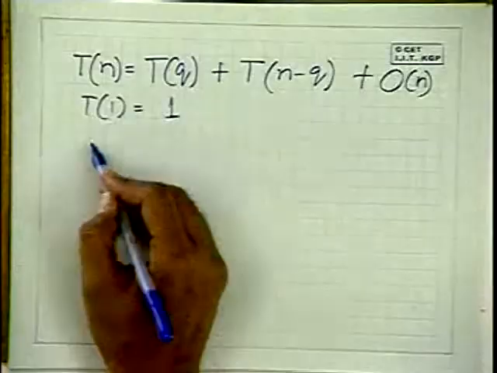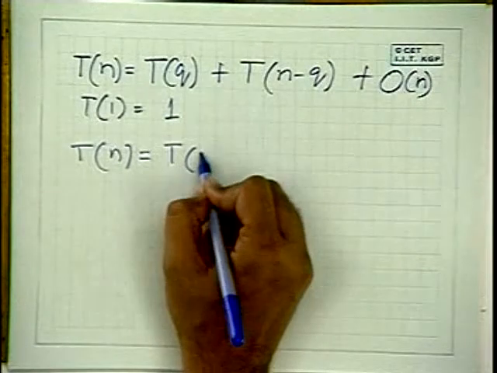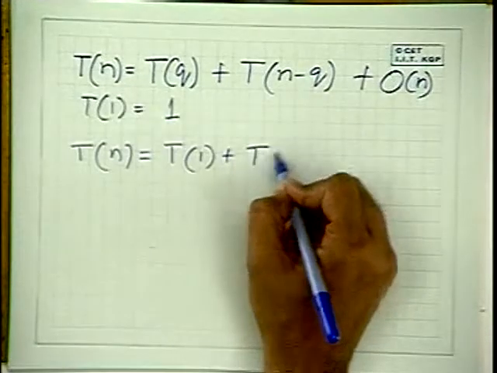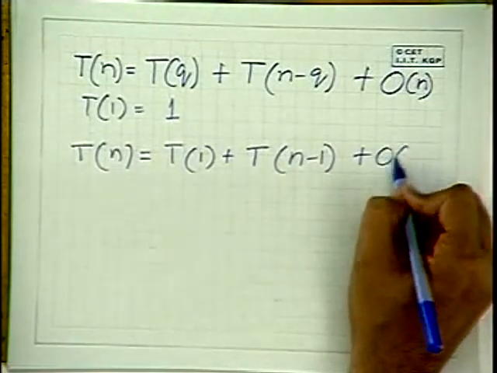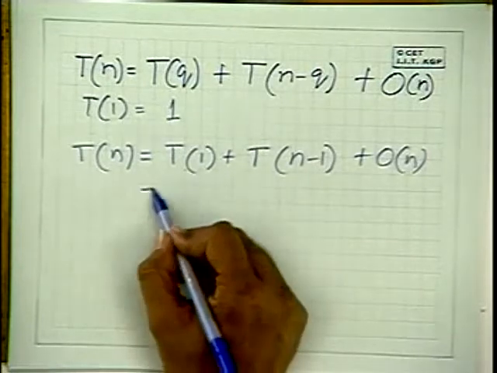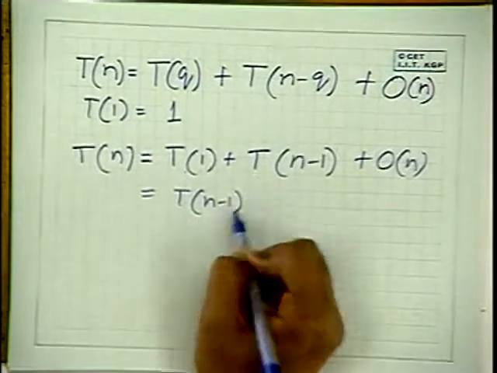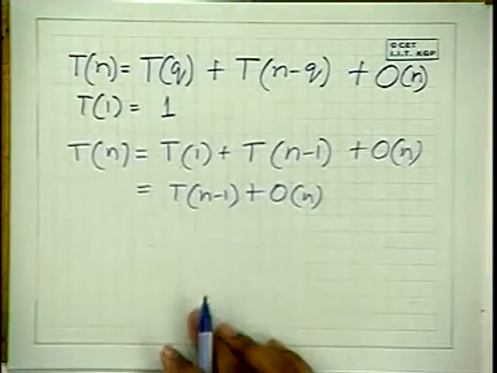So in that case what becomes our recurrence? T(n) is equal to T(1) plus T(n minus 1) plus order of n, and T(1) is 1 which I can neglect, so I can write this as T(n minus 1) plus order of n, because I can absorb this T(1) in order of n.